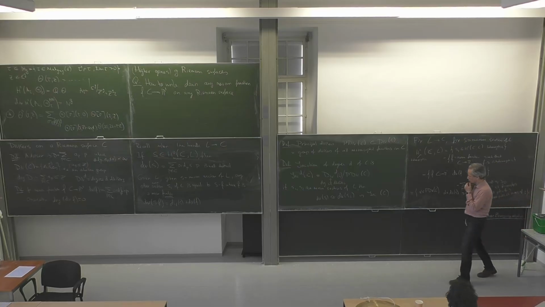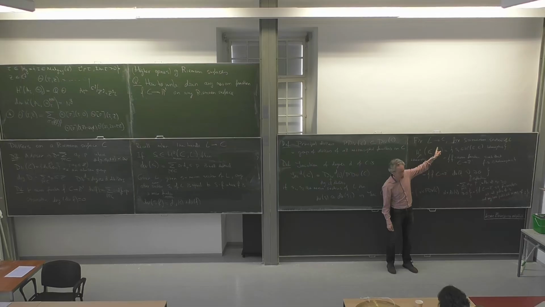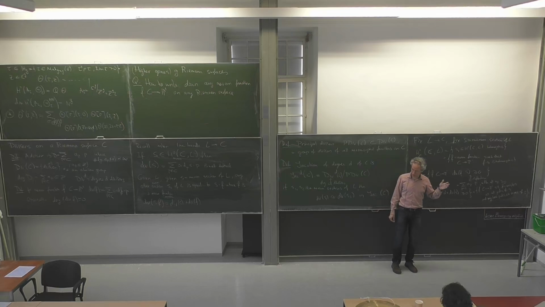So this allows me to think about divisors, and this allows me to think about sections of line bundles in this way. So sections of a line bundle on the Riemann surface, once I've chosen the meromorphic one, there are meromorphic sections of all line bundles.